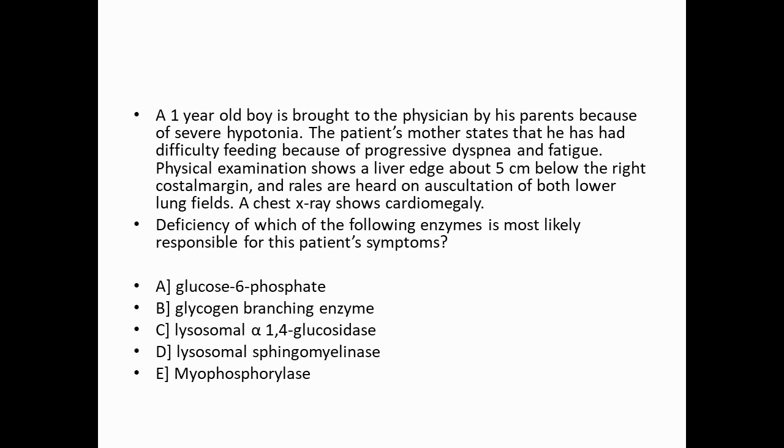A chest X-ray shows cardiomegaly. Deficiency of which of the following enzymes is most likely to be responsible for the patient's symptoms? We have seen these enzymes in the previous chart, and we are going to review which disease is related to them.